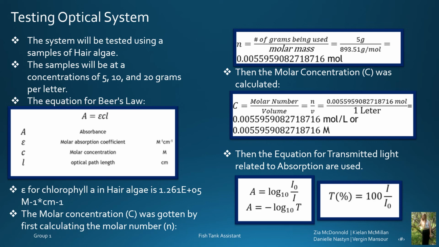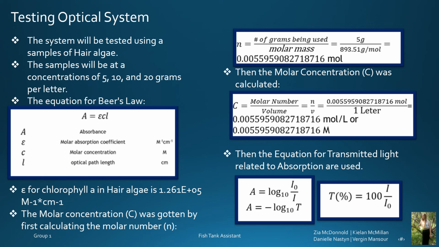The equation for Beer's law, absorption equals molar absorption coefficient times molar concentration times optical path length, will be used to get the absorption of light. The absorption coefficient for chlorophyll A in hair algae is 1.261 times 10 to the 5.